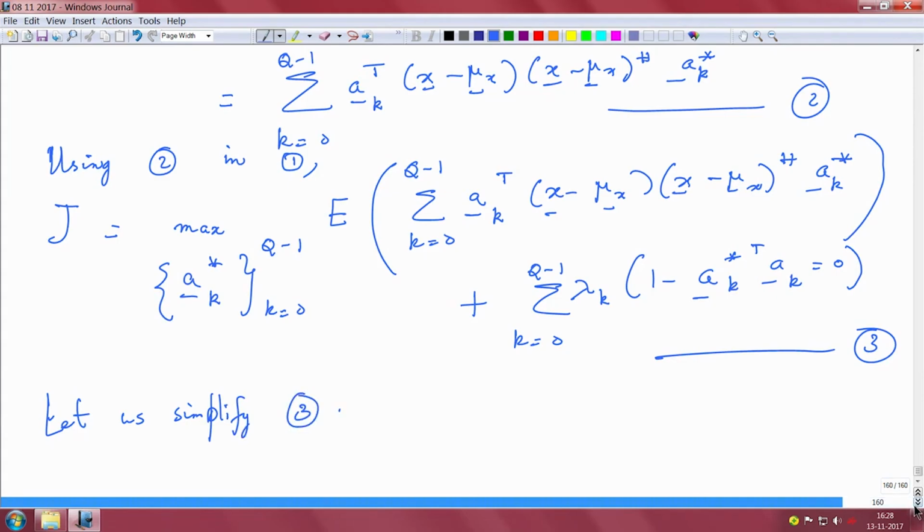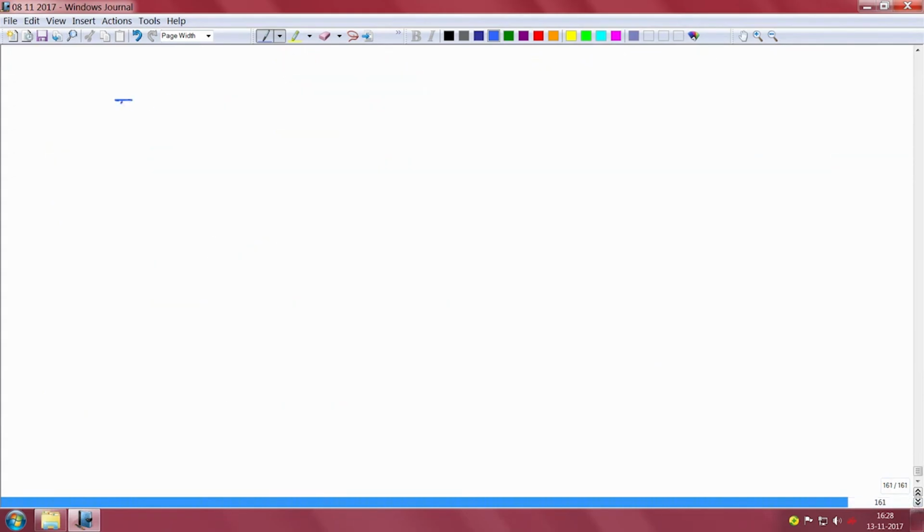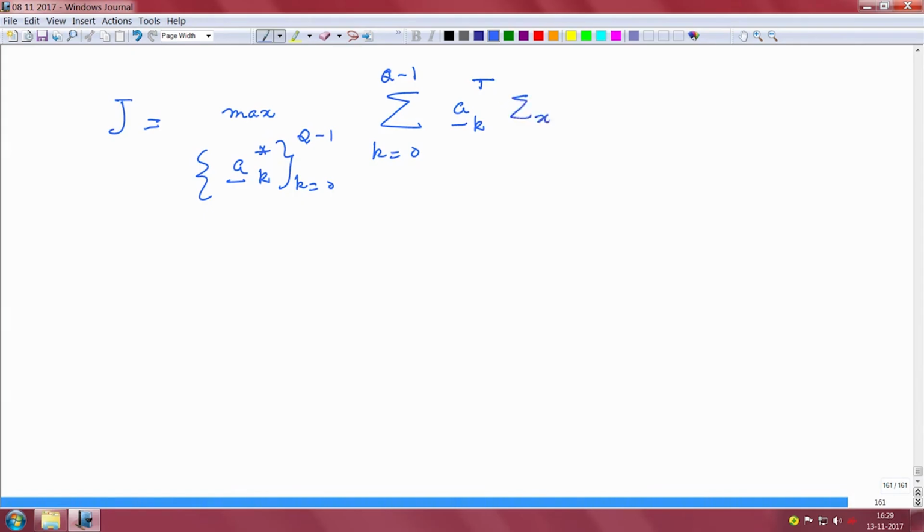By doing so, J can be written in the form: maximize over all A_k conjugates, k equals 0 to Q minus 1, summation k equals 0 to Q minus 1 of A_k transpose, with the expectation pulled inside, so the expectation of (x minus mu x)(x minus mu x) Hermitian becomes sigma x, the covariance matrix, times A_k conjugate, subject to these constraints.